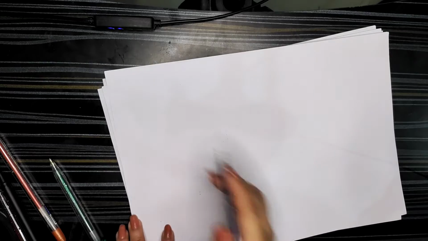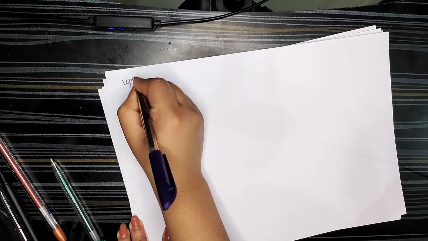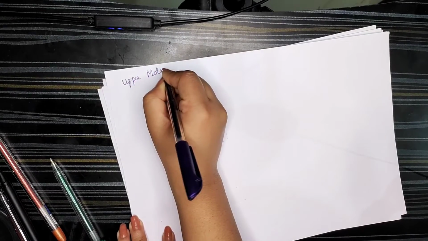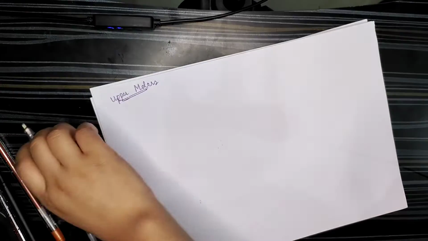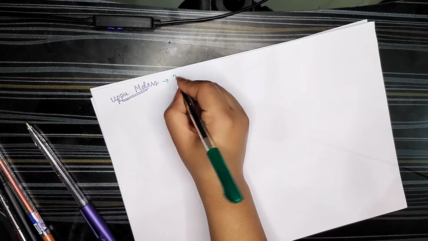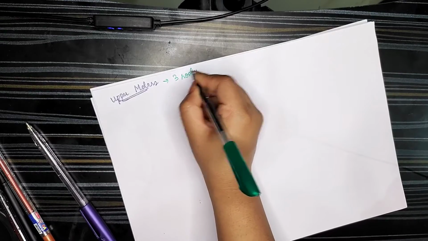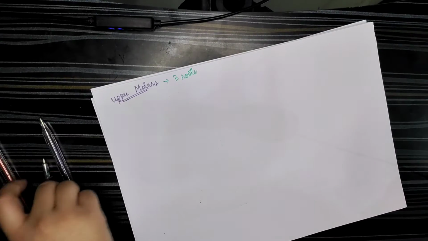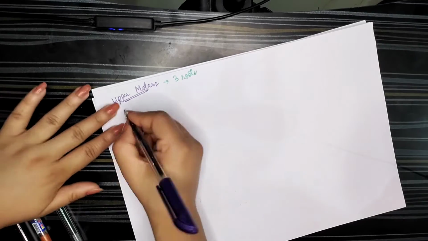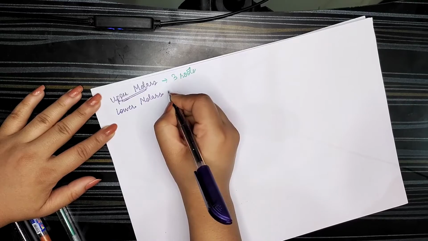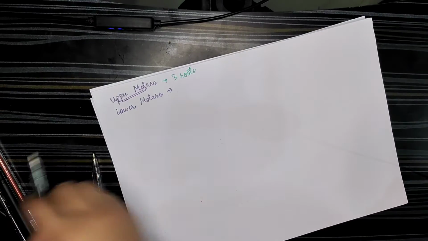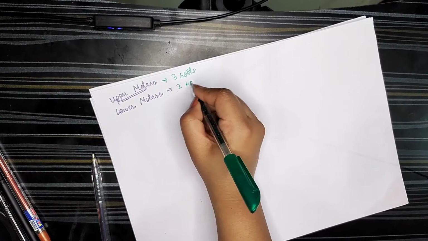The other type of teeth is upper molars. Upper molars consist of 3 roots, and lower molars consist of only 2 roots.